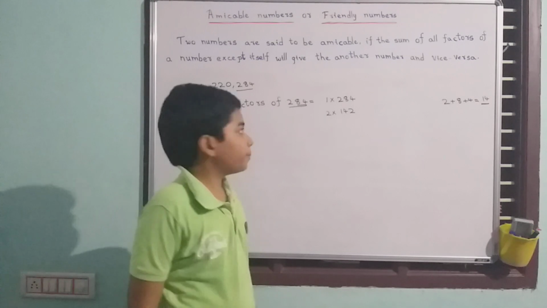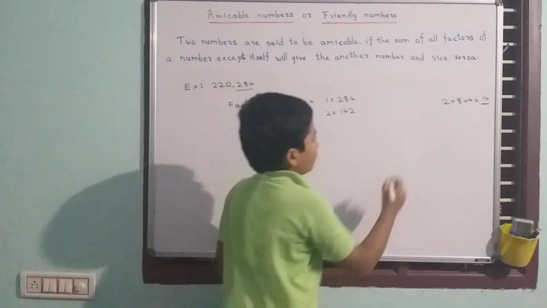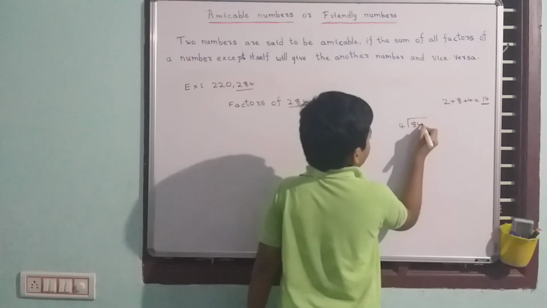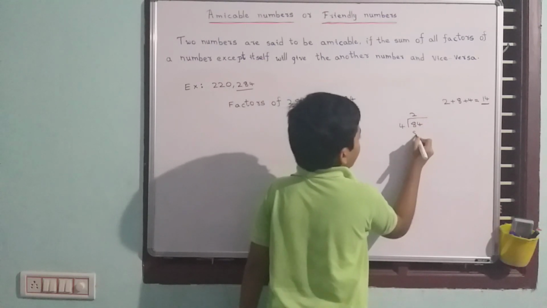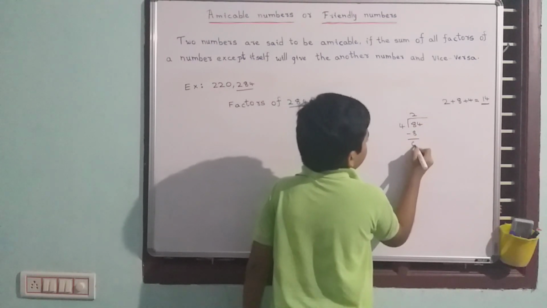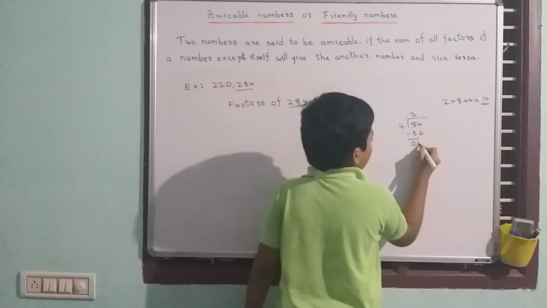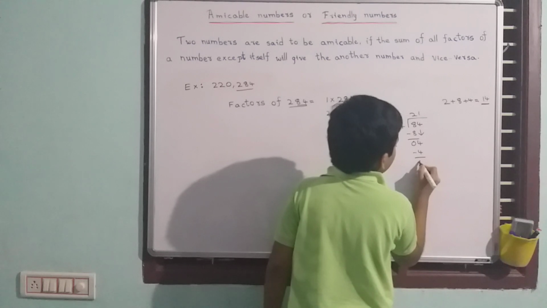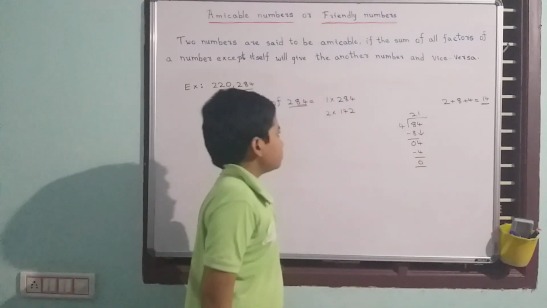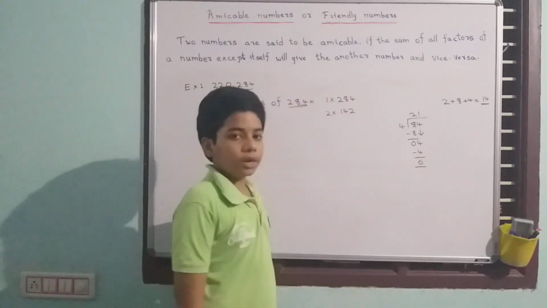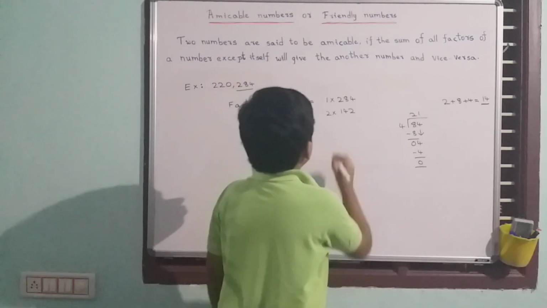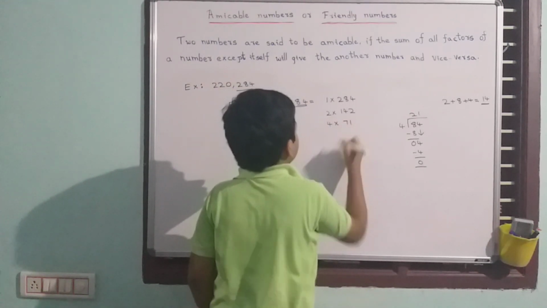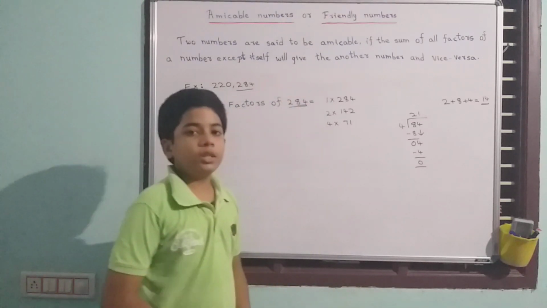Let us divide 284 by 4. 4 twos are 8. 8 minus 8, 0. Bring down 4. 4 ones are 4. 4 minus 4, 0. So 4 is a factor of 284. 4 times 71 is 284.